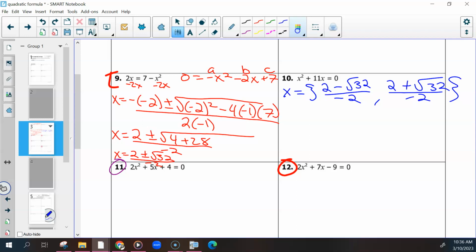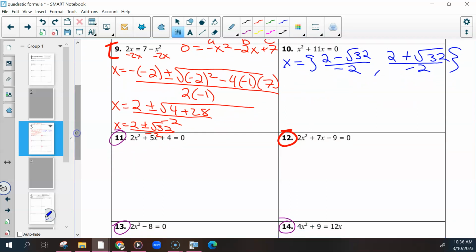So then for example 12, we're going to do the same process. Label your A, B, and C. And then start to put it in your formula.